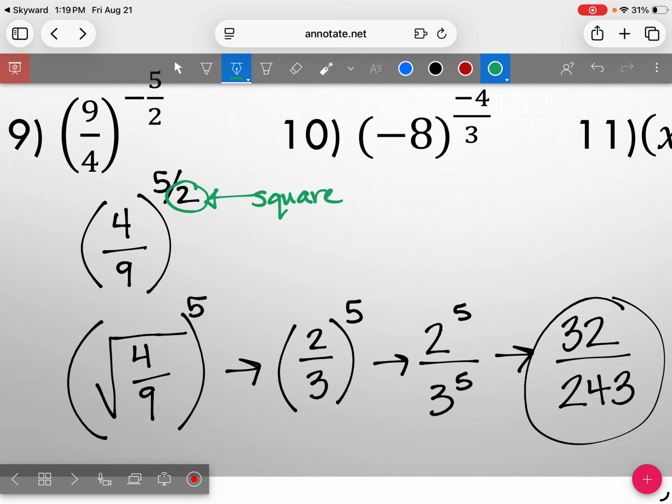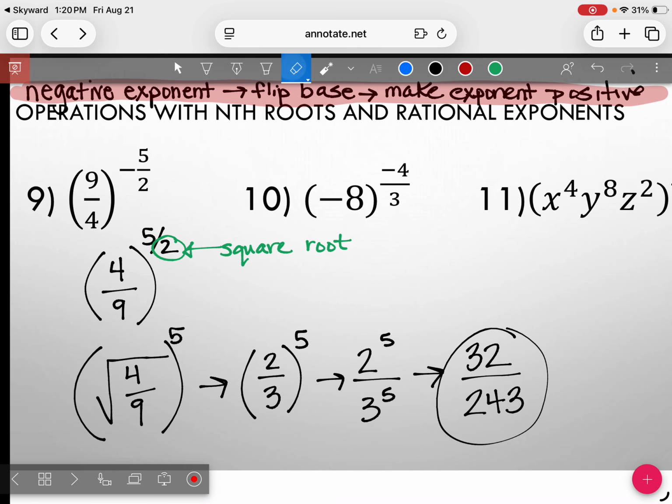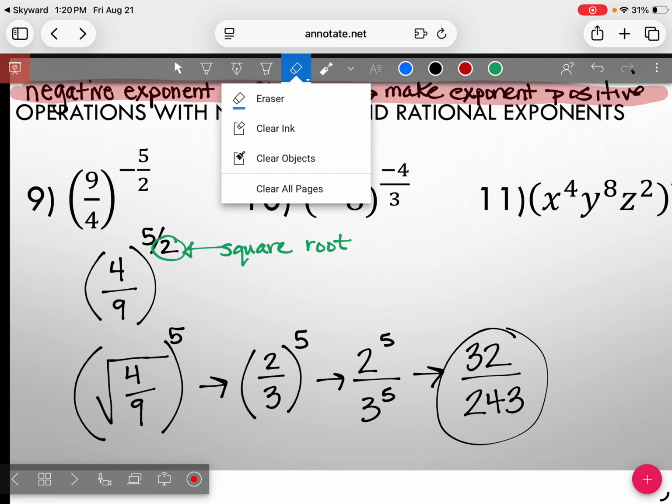If it was a 3, that would be cube root. But a 2 tells me to take the square root. Good question, though. All right. Anybody still copying down 9 because I wrote all over the board? Okay. Let's go ahead and look at number 10.